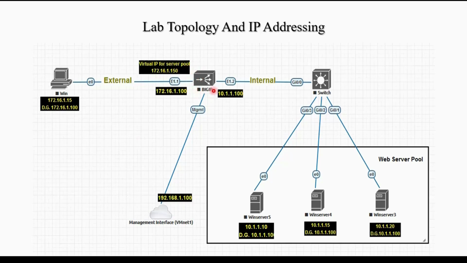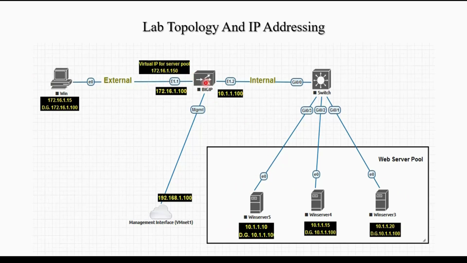So this is the F5 BIG-IP load balancer. This is the web server pool we are going to use. This is the external host machine from which we are going to access all the web servers.